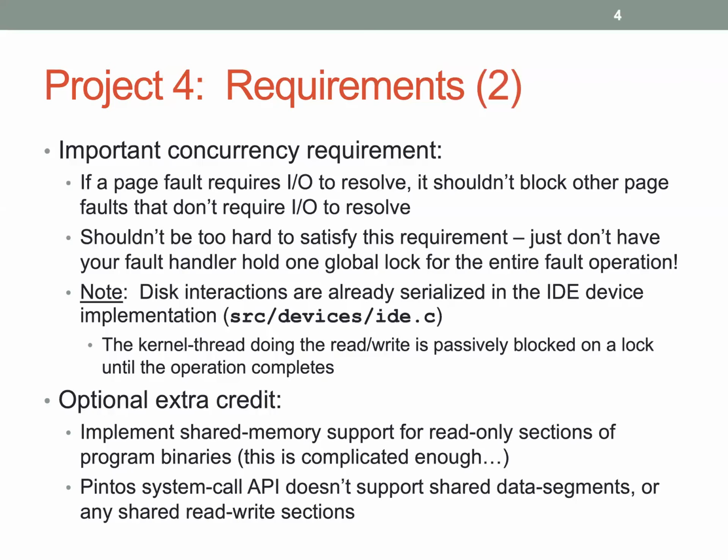And you'll notice that the system call API for mmap and munmap in no way supports shared memory. There's no fork operation in Pintos. Like the way Unix works is you can actually memory map a file into your process's address space, and then you can fork, and the child and the parent both see that memory mapped file, and they can communicate by writing into that mapped address range.